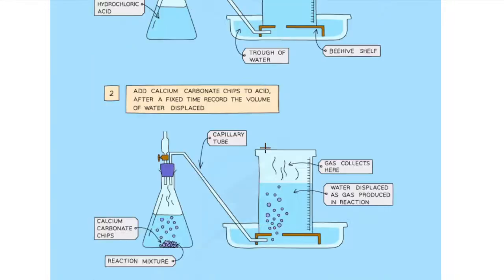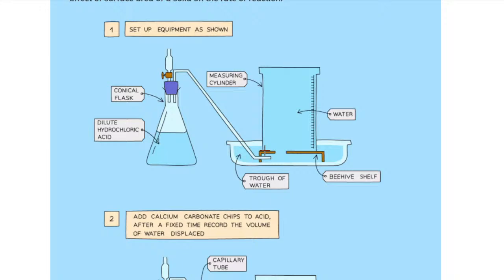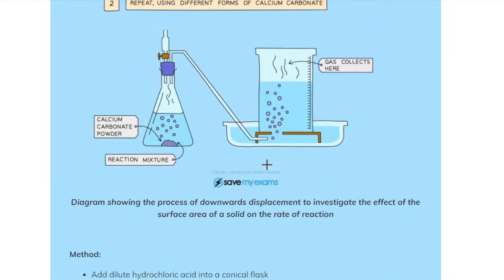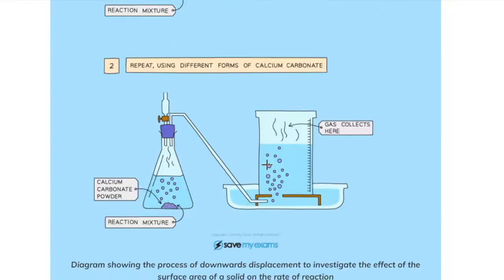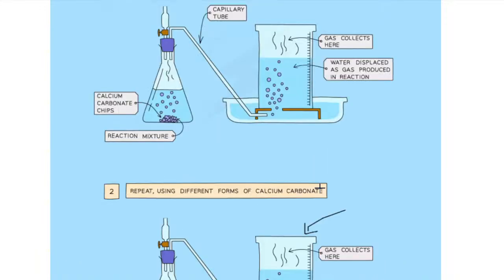Next, you add calcium carbonate chips to the acid. This is a good experiment to know. Whenever calcium carbonate is added to hydrochloric acid, what is the gas that is formed?